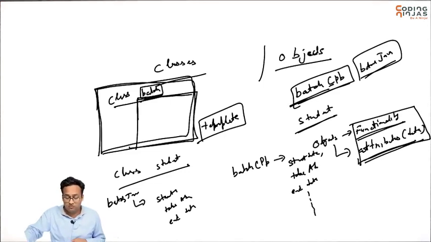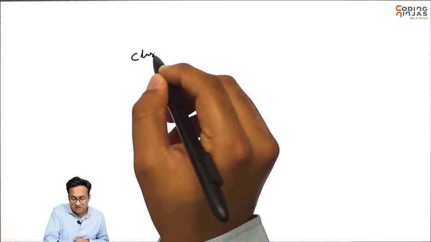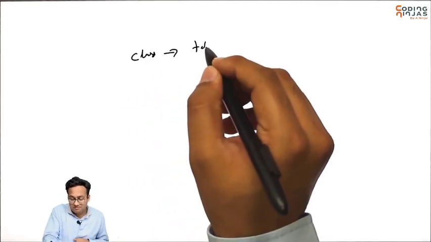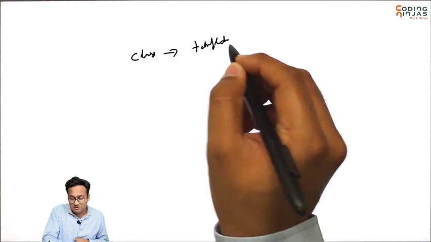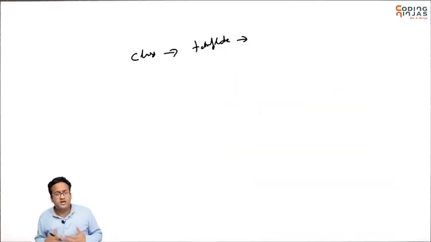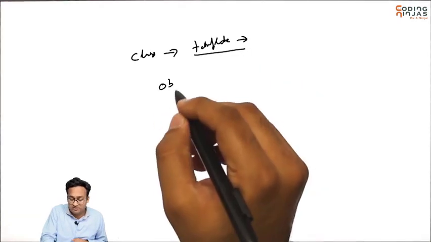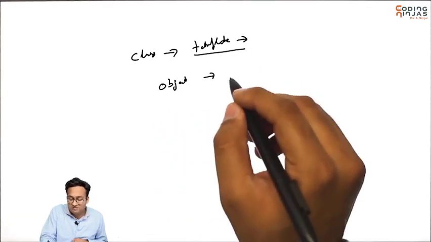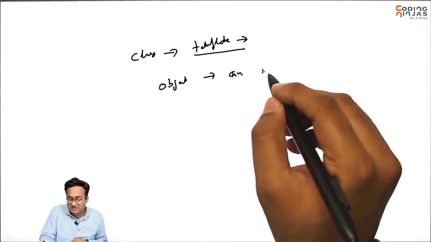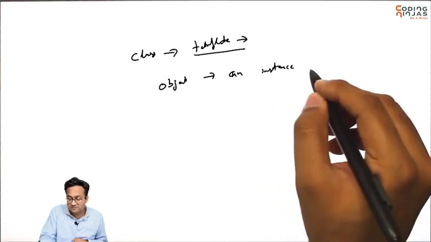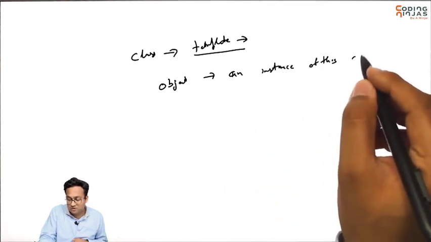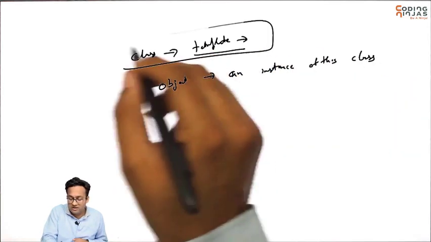Okay, so what is a class? Class is basically a template which will tell you what data, what kind of functionality such objects should have. Okay, so this is a template. What is an object? Object is basically an instance of this class. So in our code we will create a class.